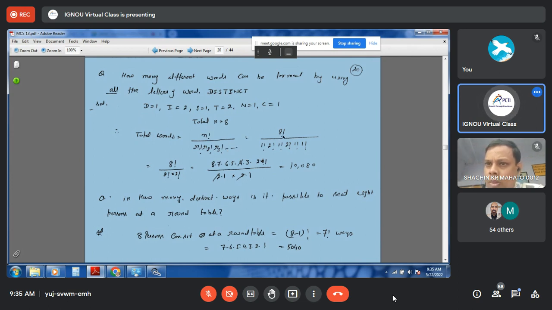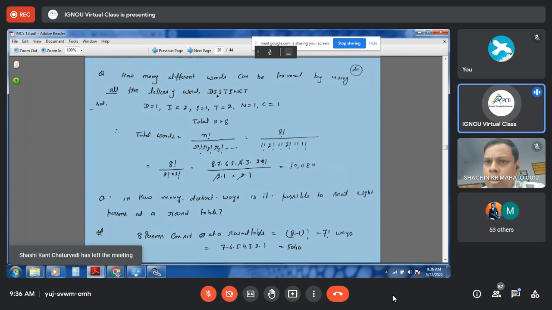That is 8 factorial divided by 1 factorial, 2 factorial, 2 factorial, 1 factorial, 1 factorial. Always remember 1 factorial is equal to 1 and 0 factorial is also equal to 1. Then solve it and the final answer is 10,080. This was the condition in which you use all the letters of the word.